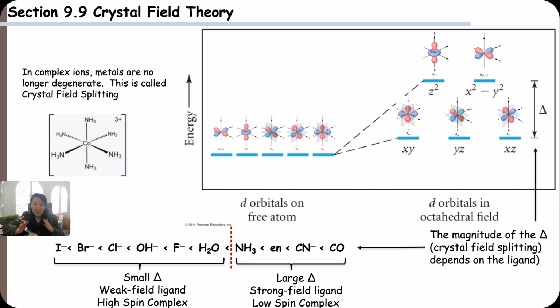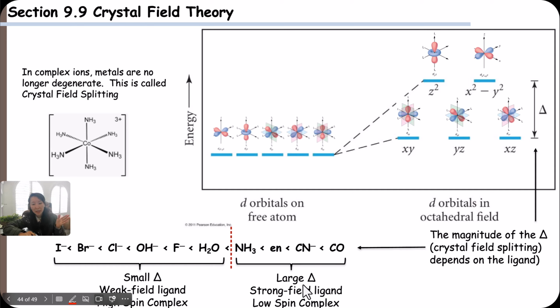Whereas on the right-hand side, we consider that as having a large delta, a large crystal field splitting, and we also denote them as a strong field ligand or low spin complex. I know it sounds kind of confusing, but they all fall in that same category.